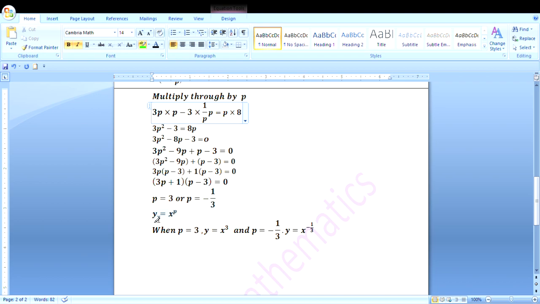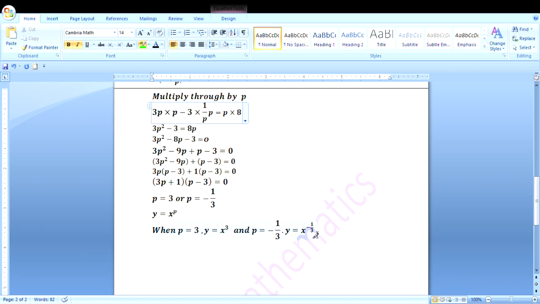But you recall that we said let y be equal to x raised to power p from definition. We have to express y in terms of x. So that when p is equal to 3, y is equal to x raised to power 3. When p is equal to minus 1 over 3, y is equal to x raised to power minus 1 over 3.